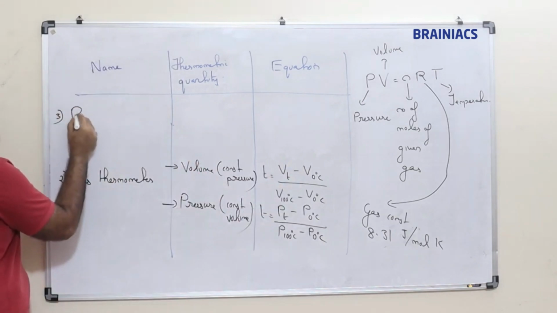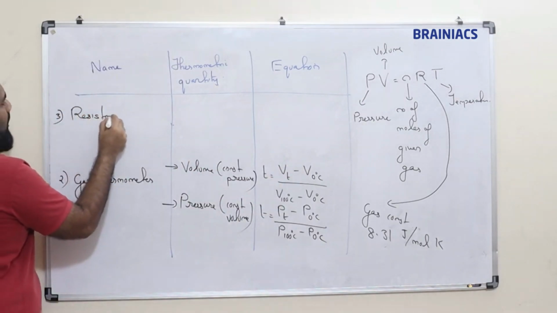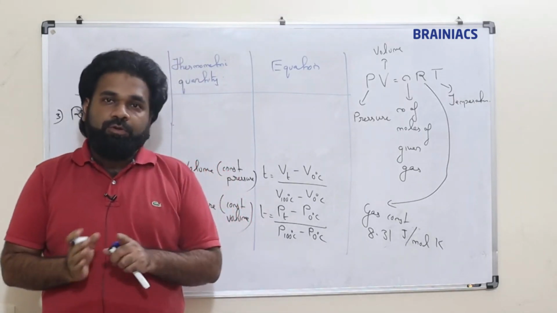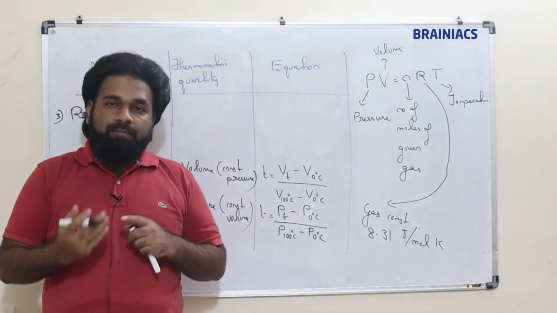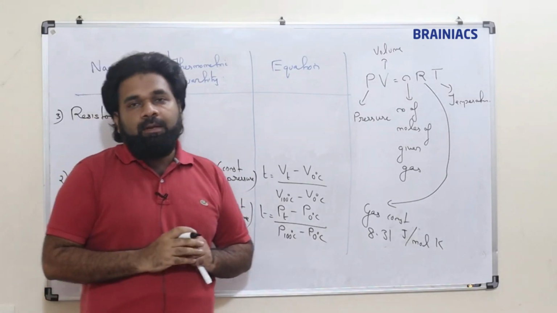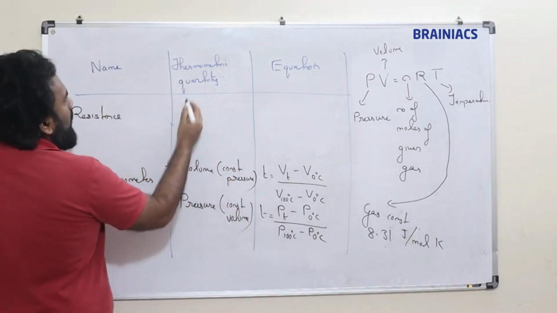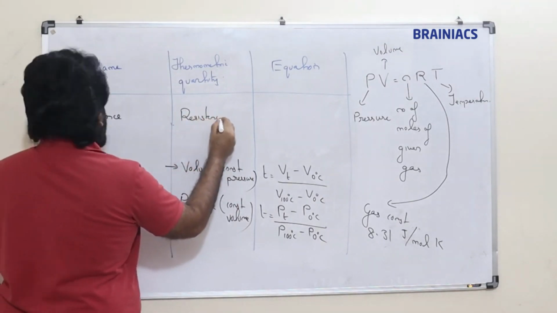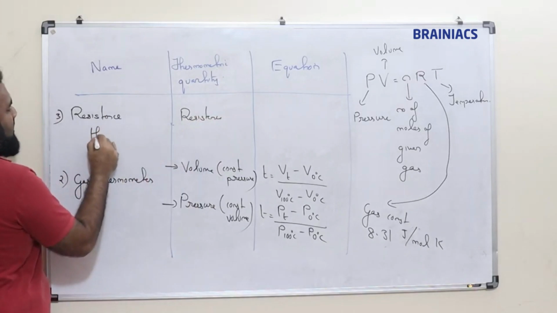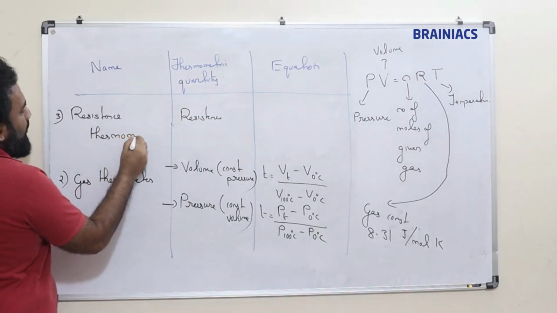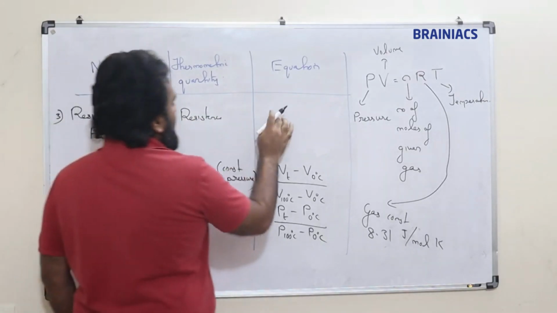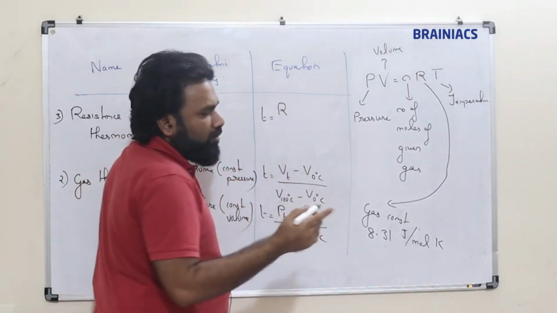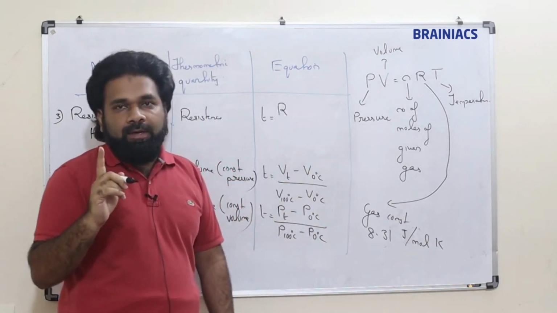Third one is the resistance thermometer. We will be utilizing the variation of resistance based on temperature in order to find the temperature. Here the thermometric quantity which is going to change is resistance. The name of the thermometer is resistance thermometer, and the equation which we can use is T is equal to, we are going to find a particular temperature.